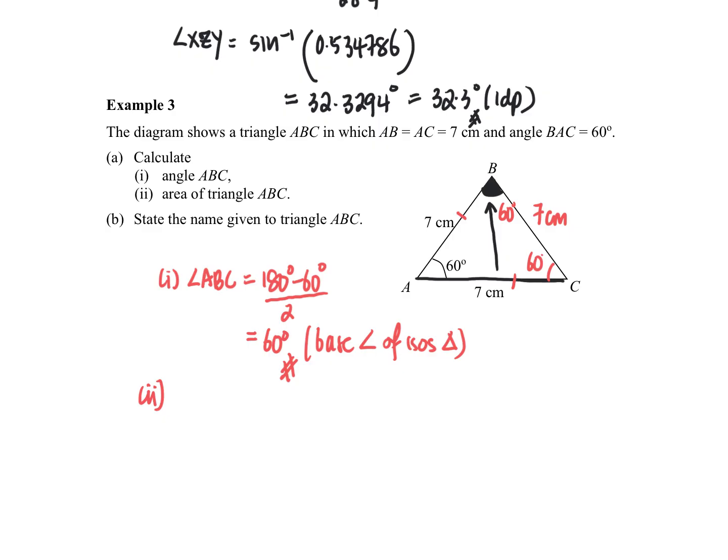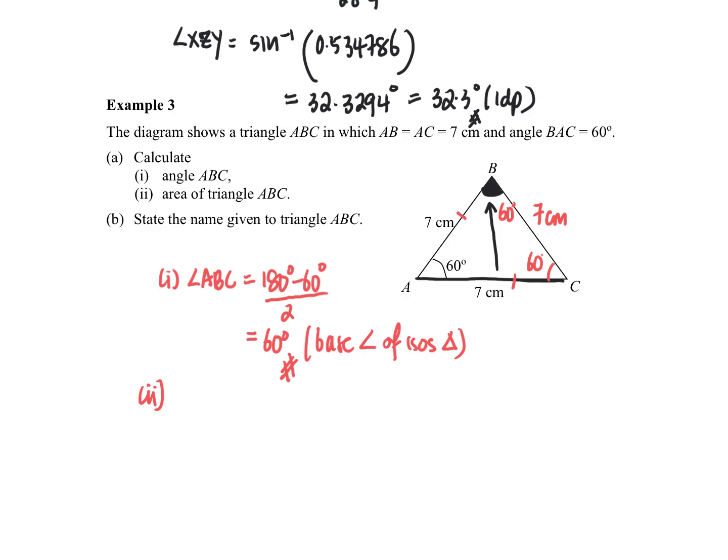Half AB sine C. So which A, which B, which C? Which vertex should you identify? In fact, all three you have, right? Yesterday I was telling you, as long as you put your letter V here, you have the two sides and the angle in between, you can use that.